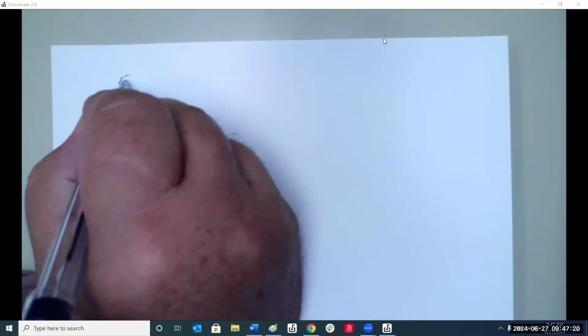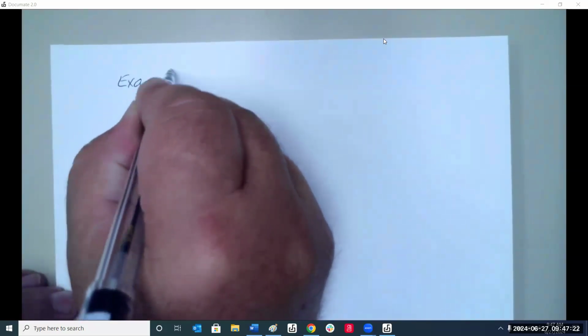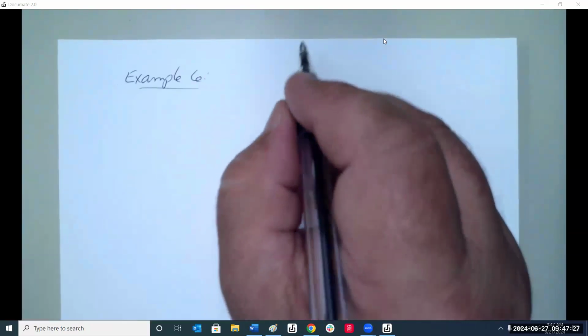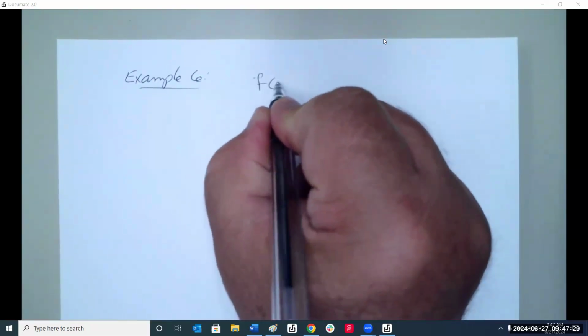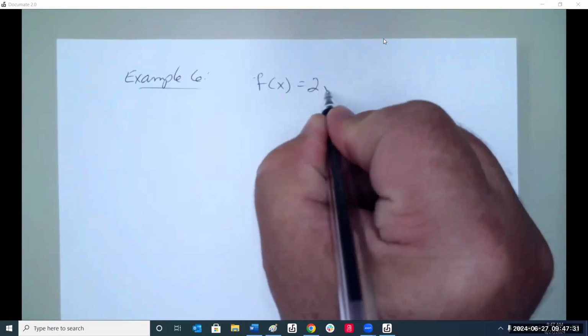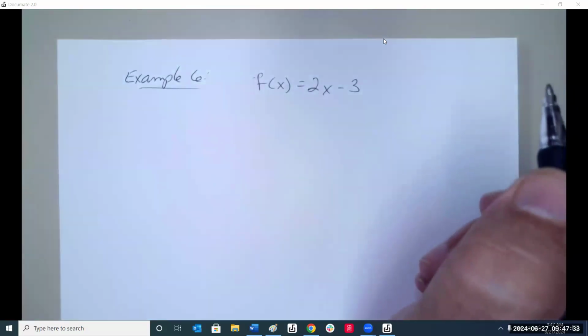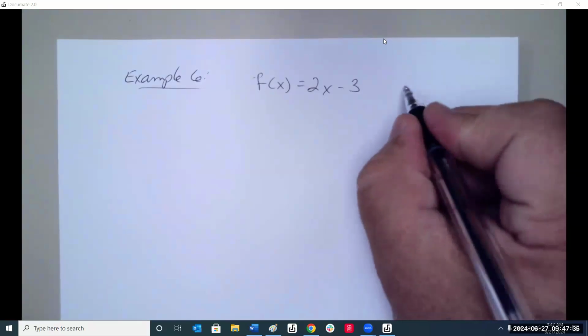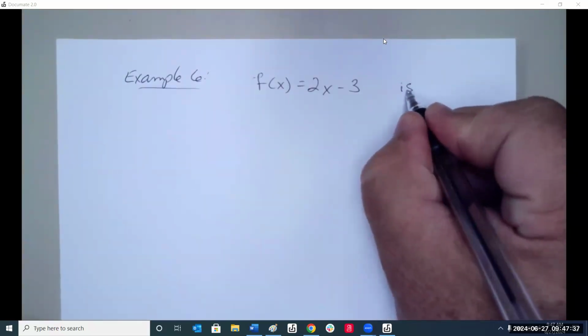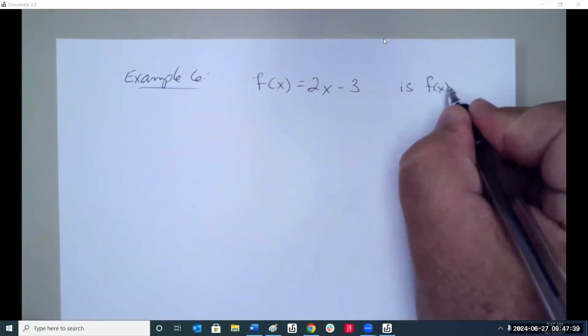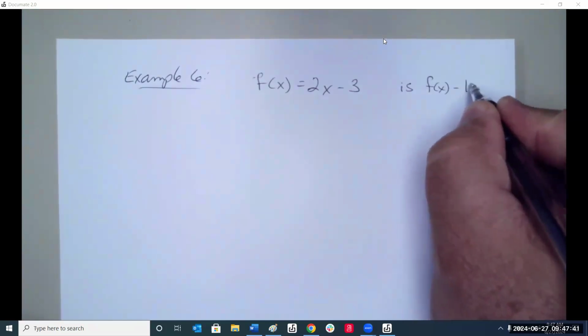Let's look at the next example. Example 6. Determine whether f of x is one-to-one.